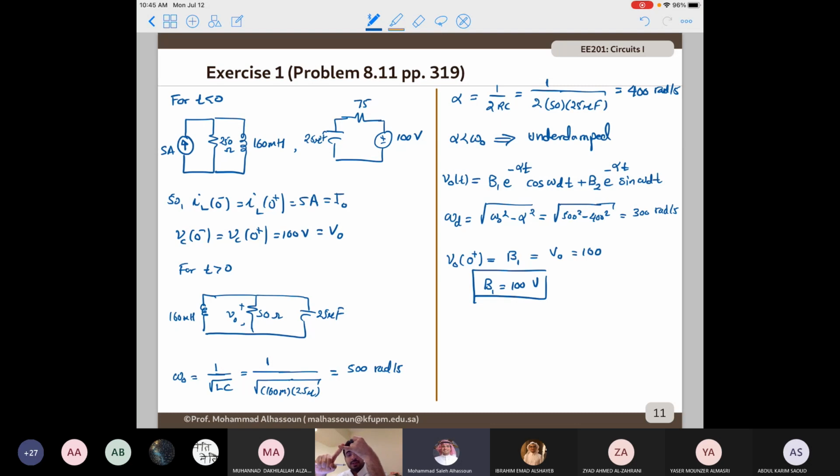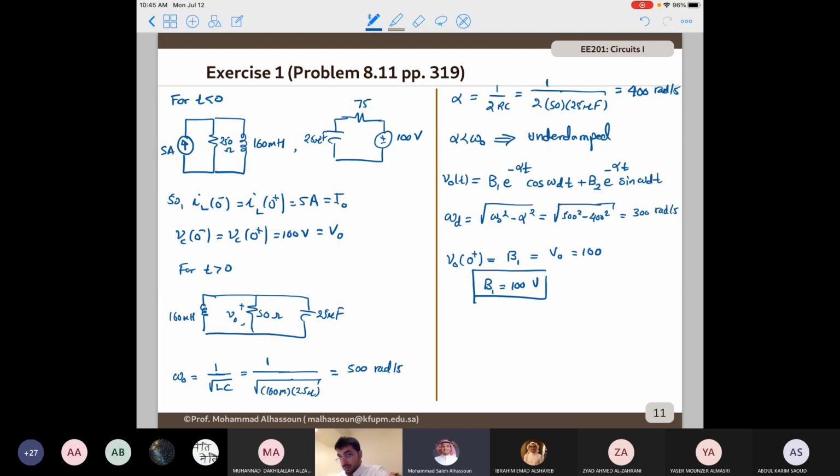So the function here is v(t). We substitute into this function using the initial value. Now we need to use its derivative and substitute using the initial value. Right.